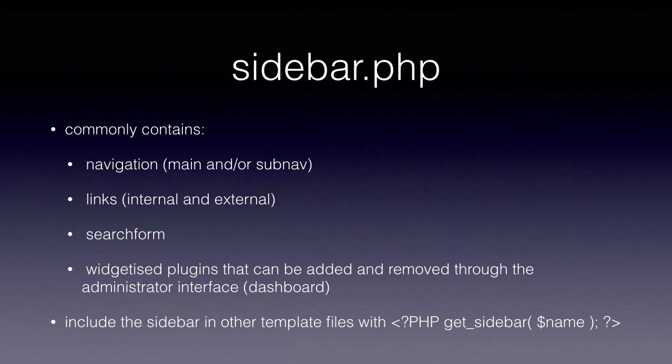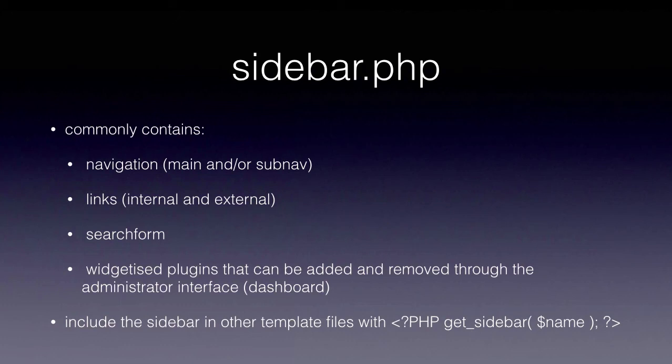The sidebar, okay, any of these can contain whatever you want, but obviously it's logical to include certain types of things in certain templates. So sometimes a sidebar might contain a navigation, it might contain other links or a search form. In the case of WordPress, a sidebar is unique in that you can put things called widgets in it, which are a special type of plugin that allows you to drag and drop little bits of content, but I'll speak more to that later.